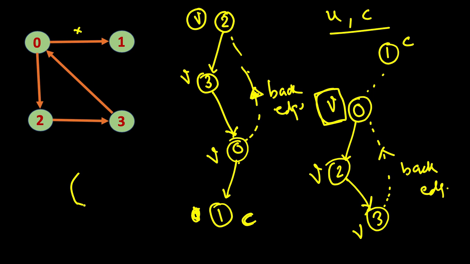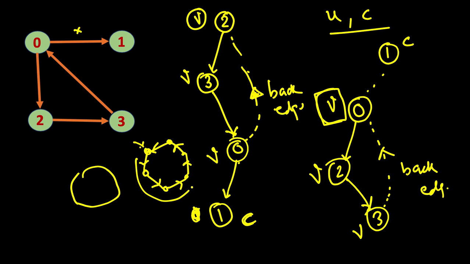So if there is a cycle, let's say there is a cycle, then which of them is the back edge? Well, that depends on from where you start the DFS. If you start DFS from here, you will come here in this direction, and when you reach here, you will see that the next edge is this one, which is not yet complete.